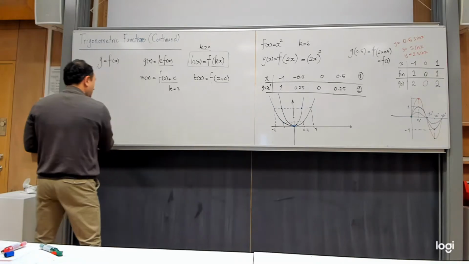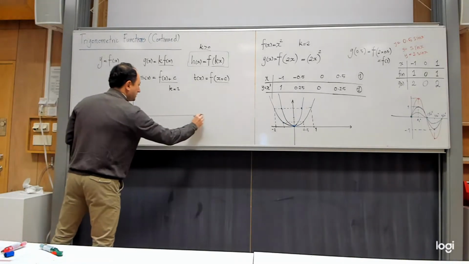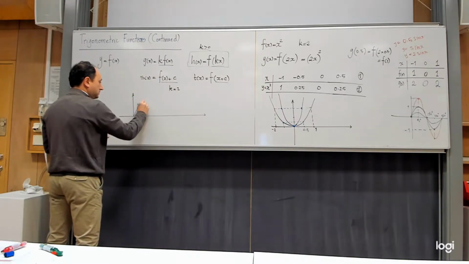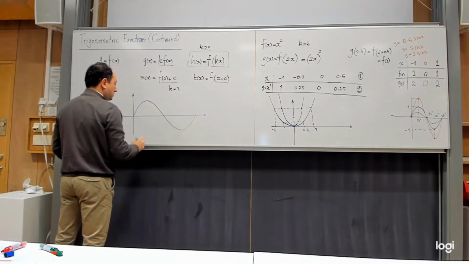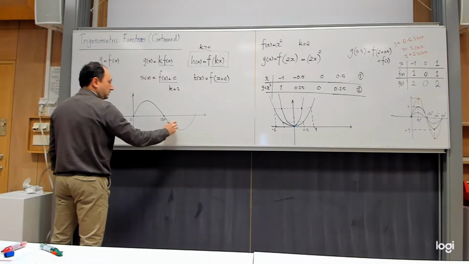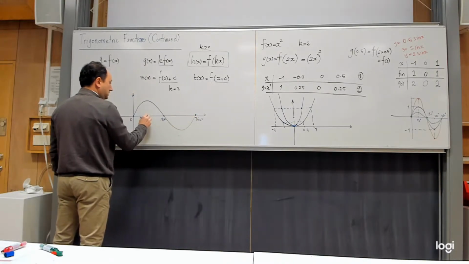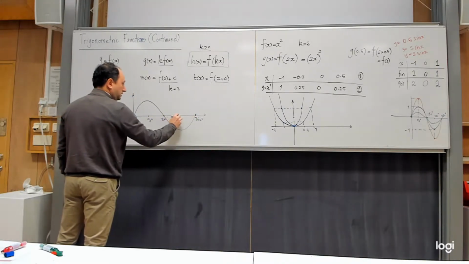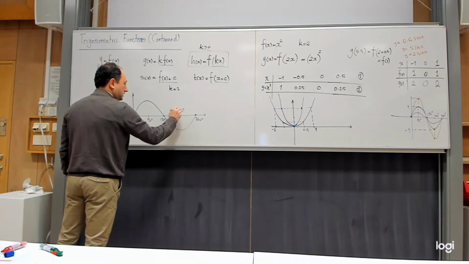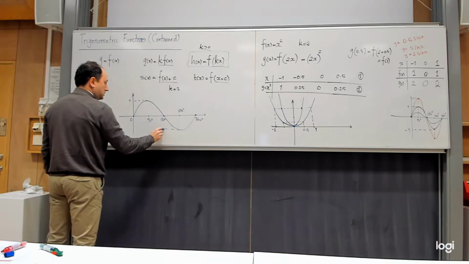So, let me just draw the graph of the sine function in one period again, from 0 to 360 degrees. Yes? So here I have 0, here I have 180, here I have 360, and in the middle this is 90, here it's 270 degrees. Yes? And this height is 1, and this one is minus 1.